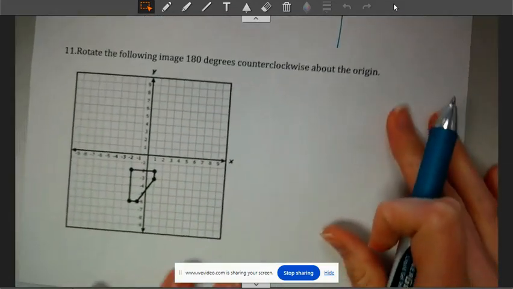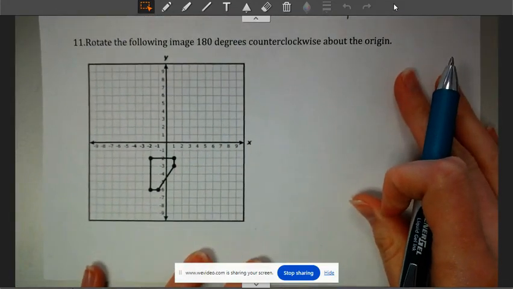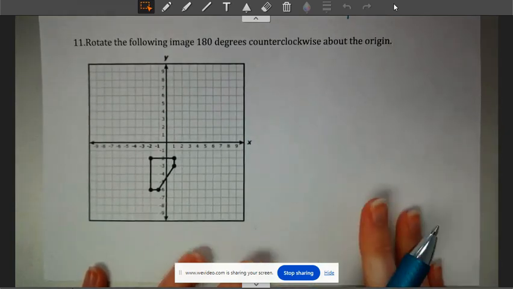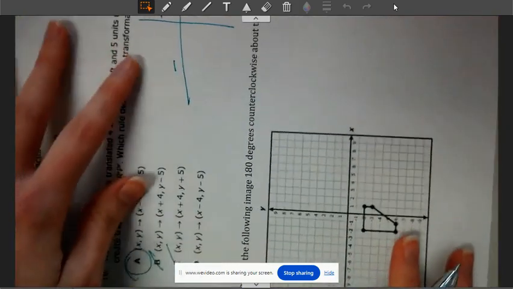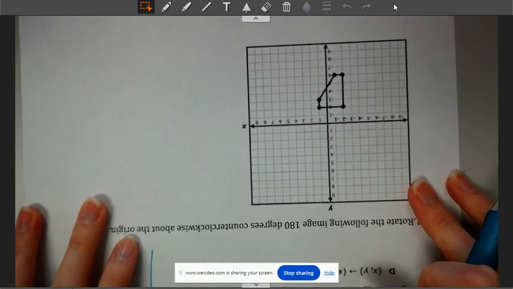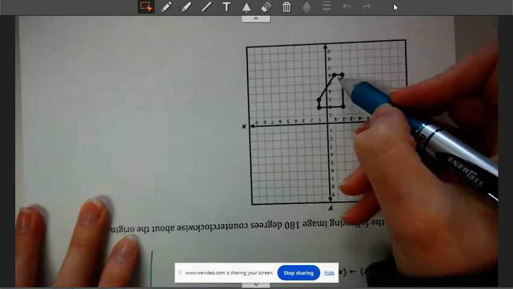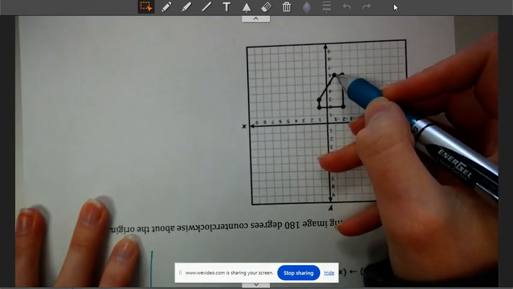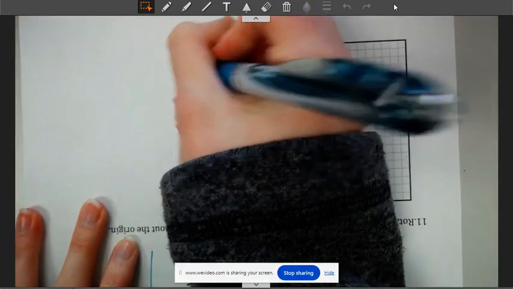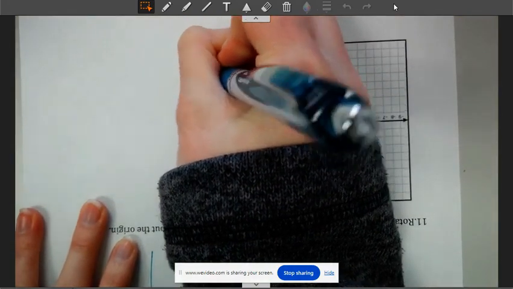Okay, number 11 says rotate the following image 180 degrees counterclockwise about the origin. So counterclockwise, we are going to turn to the right. So I'm going to turn it once, 2 times to the right. Now my point is I'm going to have to write down my ordered pairs. So we have an ordered pair here that we change. So I go right 1, up 6. So our new ordered pair is at (1, 6).